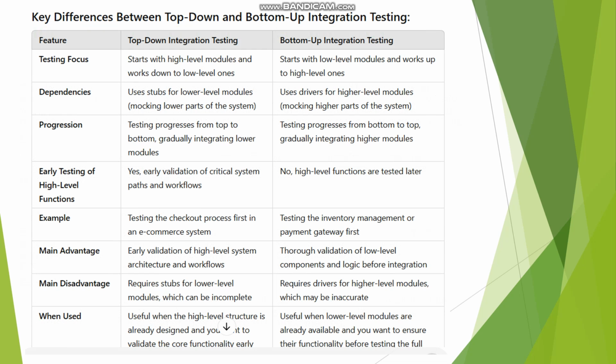Progression: in top down, testing progresses from top to bottom. Here, testing progresses from bottom to top. Early testing of high level functions: yes in top down, no in bottom up. Example: testing the checkout process first. Example: testing the inventory management or payment gateway first. So these are some of the key differences between bottom up and top down models.